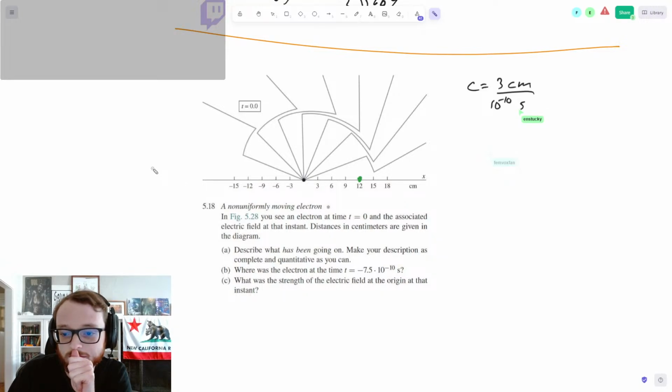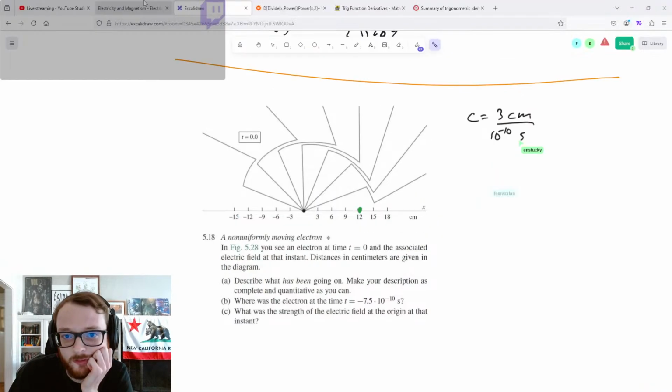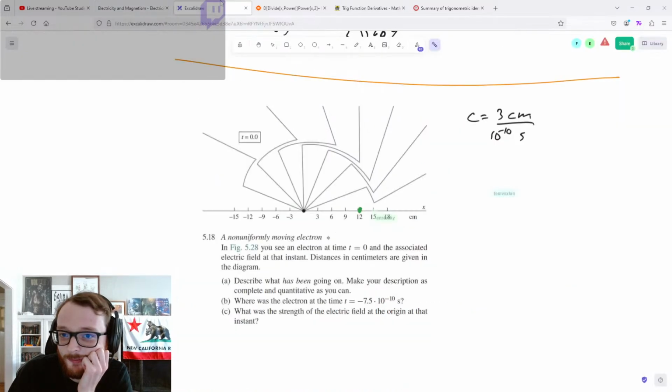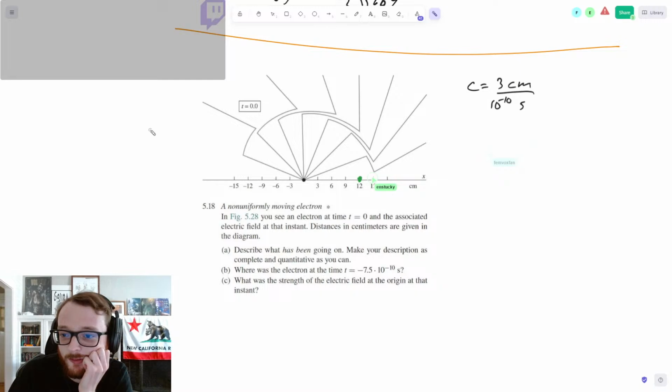Wait, so this field makes me think that it's an electron.